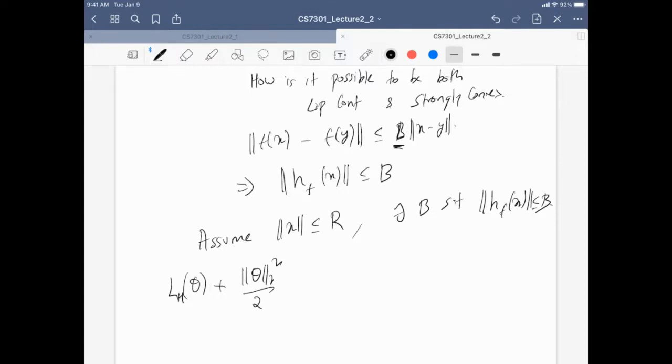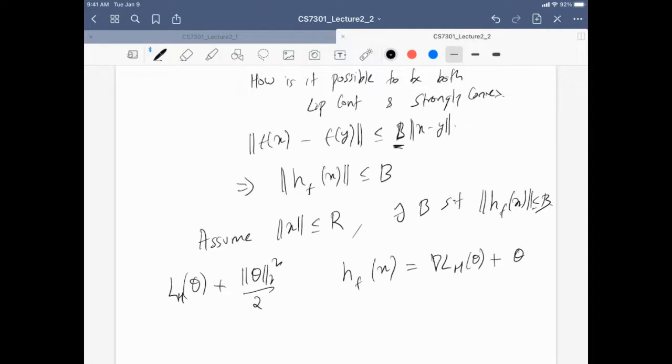So now what we have is that if we take the subgradient of this, the subgradient of this is nothing but going to be equal to the subgradient of L H at theta, plus theta.